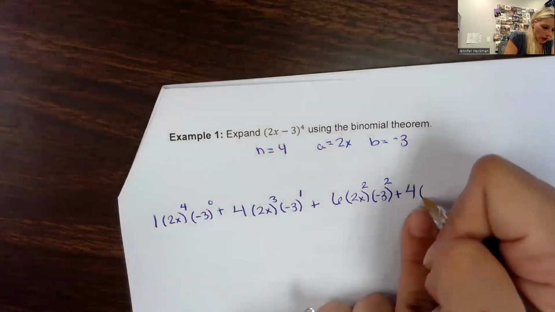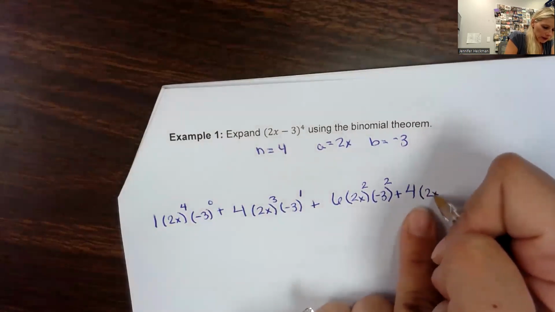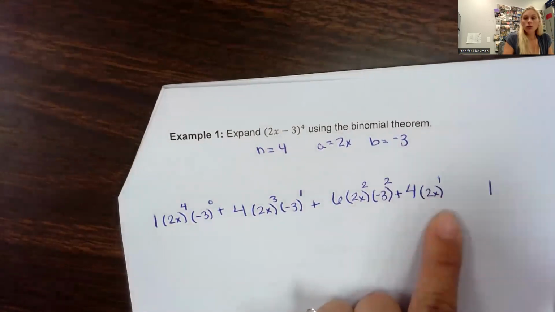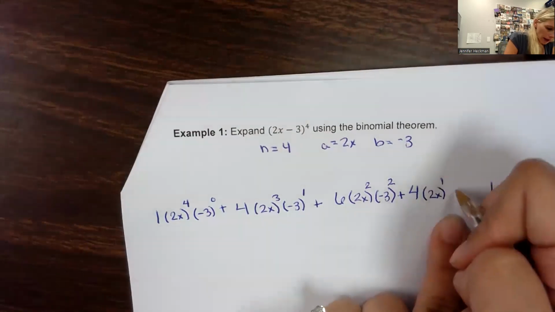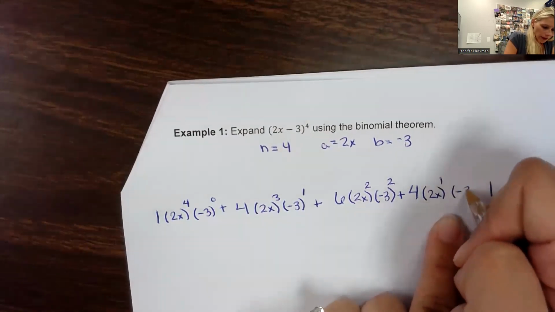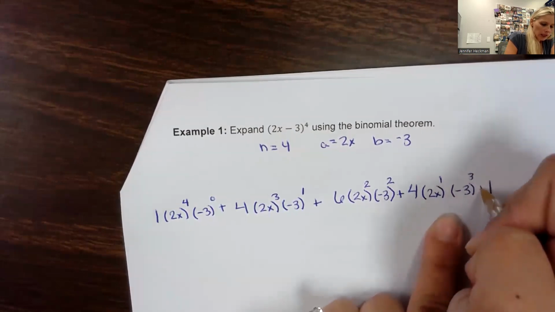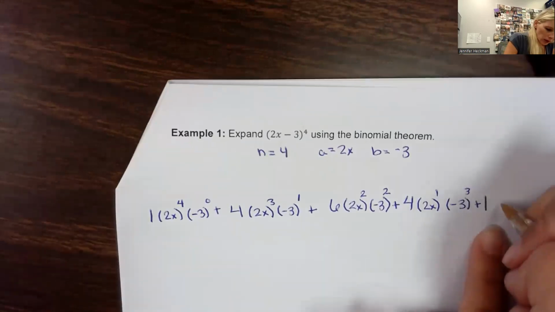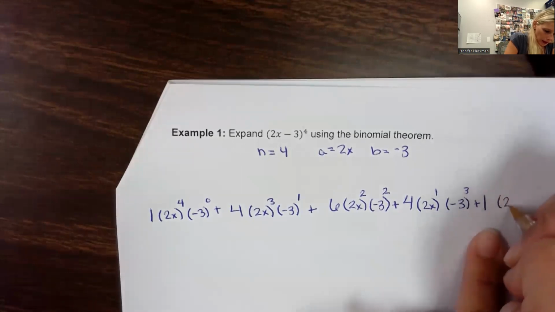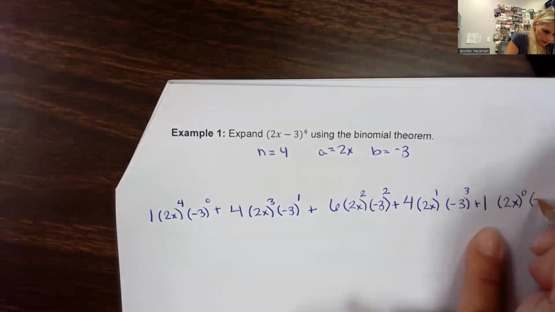We have 4 here, so we have 2x, and this one's going to be to the 1st because it's going down, right? And negative 3, we're going to go up, so that's to the 3rd, plus. And our last one, we have 2x to the 0, and negative 3 to the 4th.